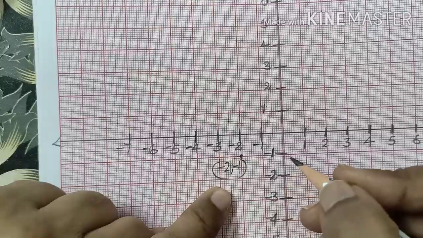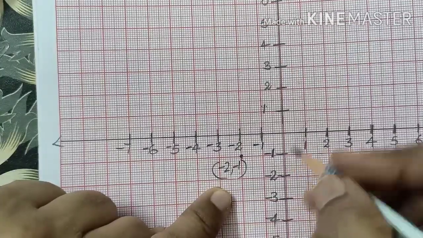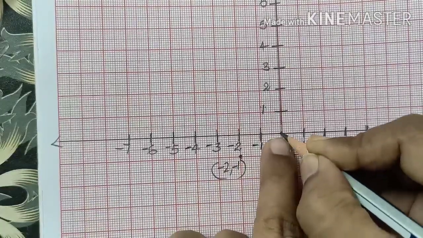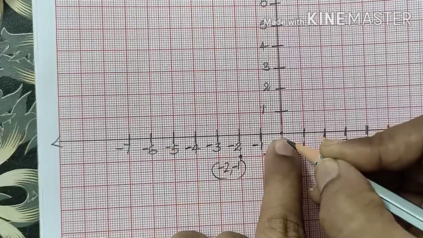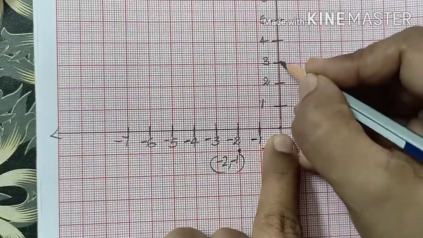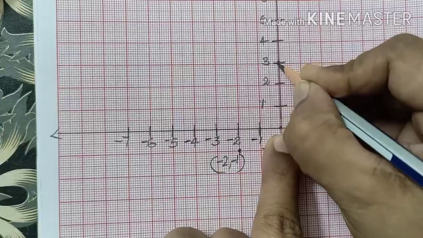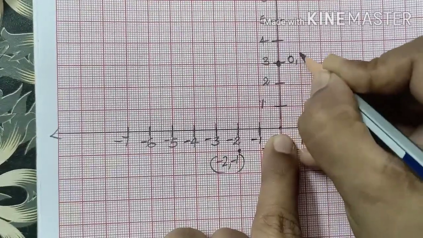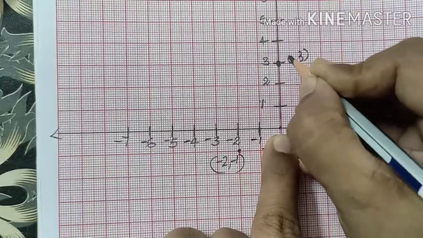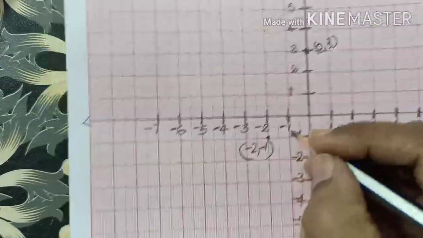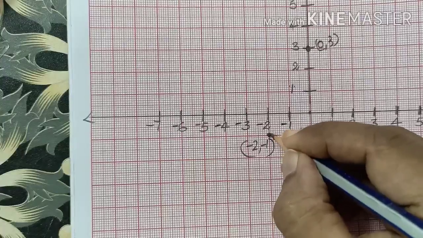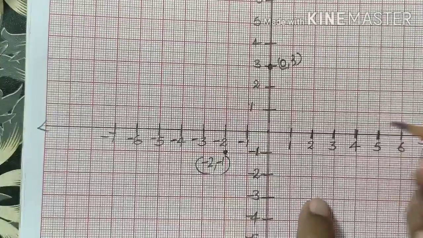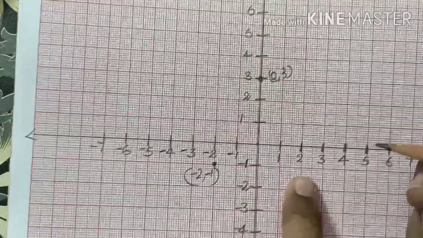Okay, now let us go for the next point, 0, 3. 3 means the y coordinate is 3. Where is 3? This is 3. So, this is the point which represents 0, 3. This other one is the point which represents minus 2, minus 1. Now next, the pair 2, 7.